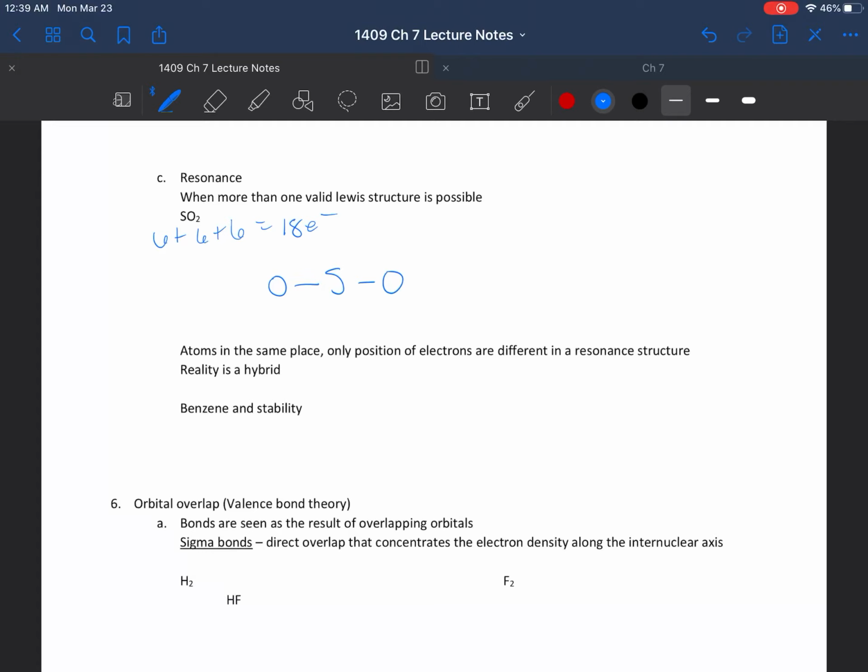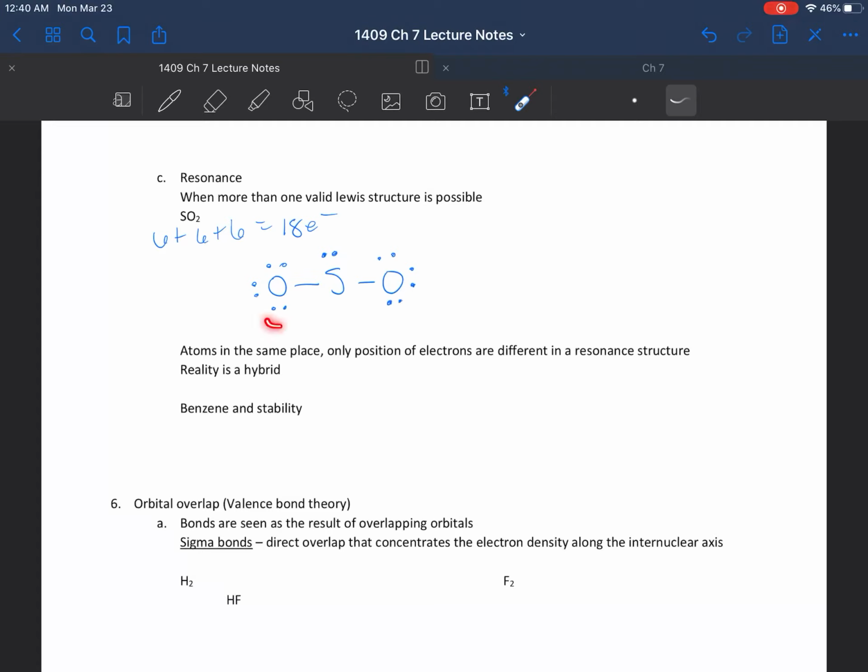We're going to complete octets. So we have 2, 4, 6, 8, and 10, 12, 14, and 16. We have 2 more and sulfur is lacking, so 17 and 18 go on sulfur. Now this is not a complete Lewis structure because our sulfur is lacking a full octet.